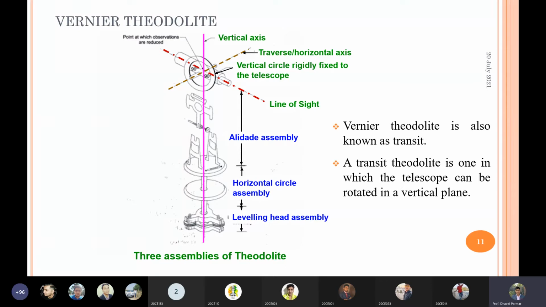In the figure you can also see which axis is the vertical axis, the line of sight, the horizontal axis, and the vertical circle to measure the vertical angle. There is a tripod, leveling head, and various assemblies like the horizontal circles. We will discuss each and every component.